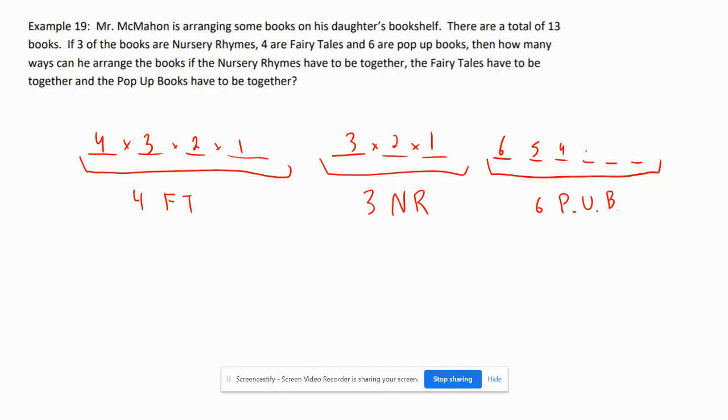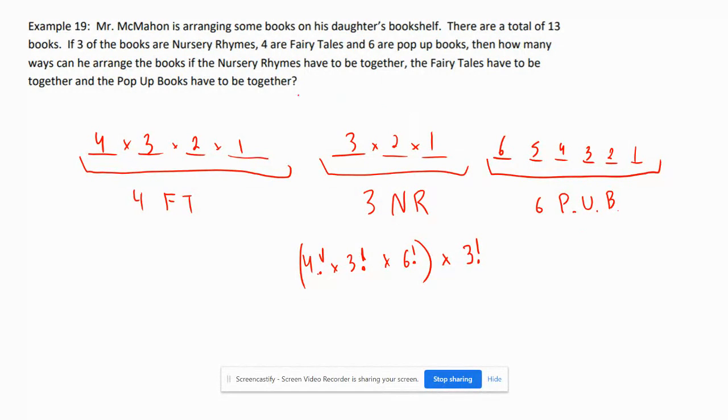So the calculation we're doing so far, and we're not done here, is 4 factorial times 3 factorial times 6 factorial. Now, one thing we need to do at the end of this is put some brackets here. You don't really need the brackets, but I'm going to multiply this times 3 factorial. The reason is that there's nothing to say the fairy tales have to be first, then the nursery rhymes, and then the pop-up books.